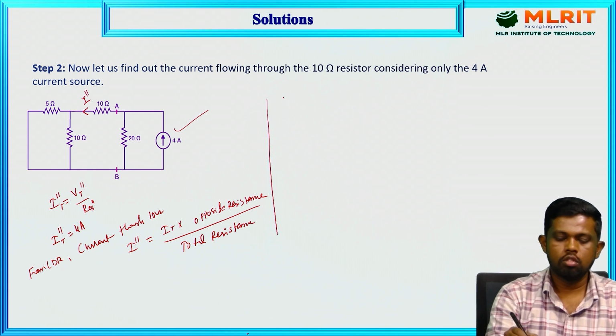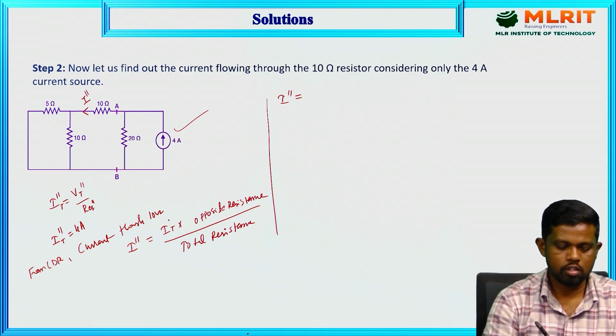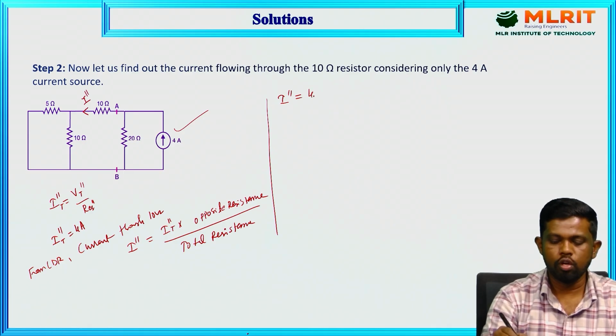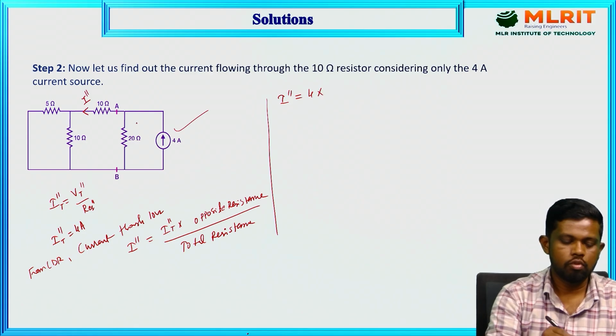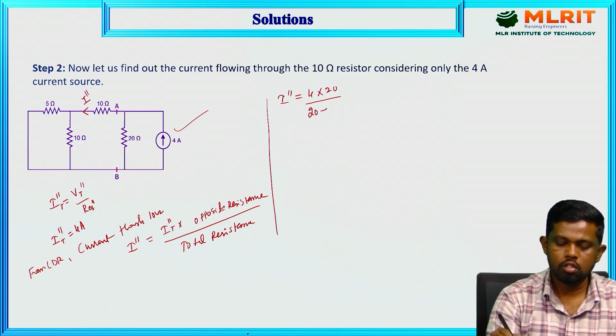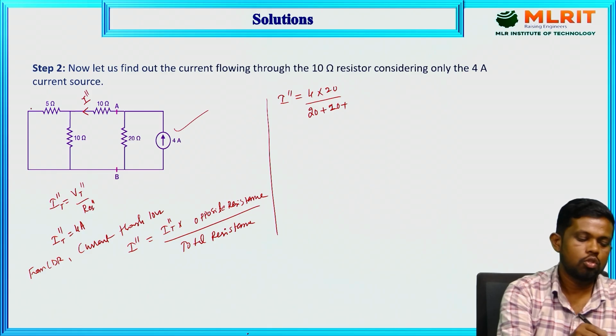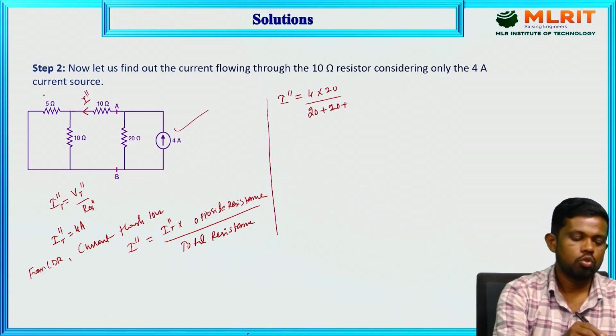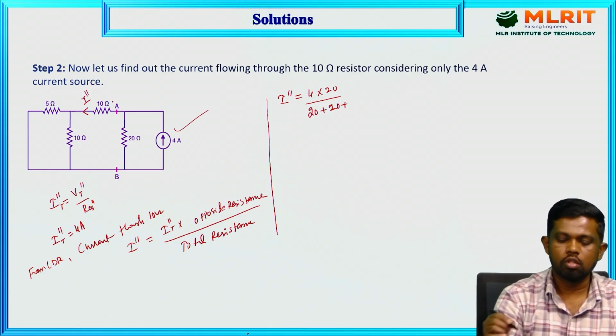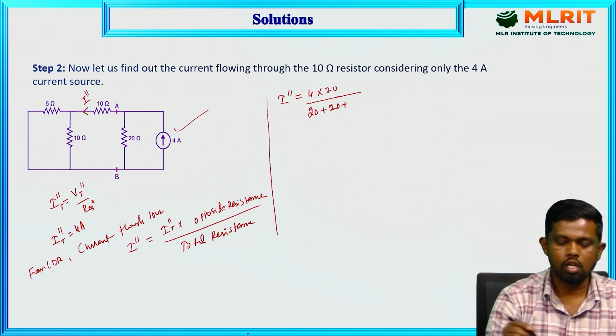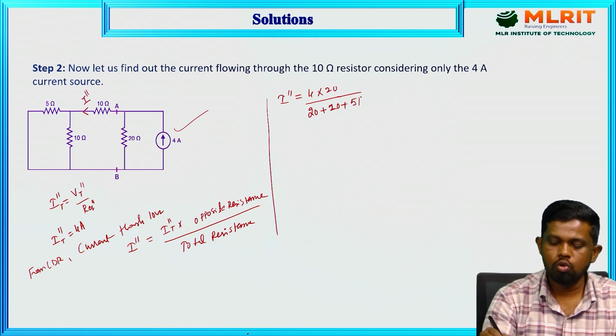So I double dash equals the total current of the circuit, I total double dash, which is 4, into the opposite of this 10, which is 20, divided by 10 plus, this also participates in the current division. This combination is parallel to the 10 ohm resistor, so in the denominator we get this combination also, that is 5 parallel to 10.